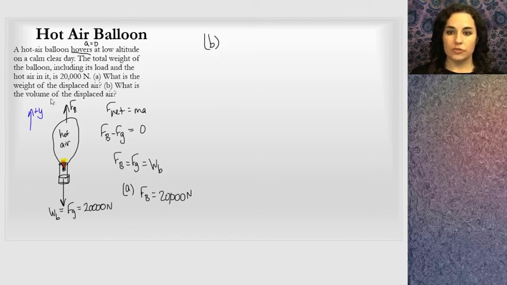Part B asks the volume of the displaced air. Okay, so when I look at this, the balloon has displaced air outside of the balloon. There's hot air inside, but we want to know how much air was displaced outside. Well, we know the buoyant force has to equal the weight of the displaced air.